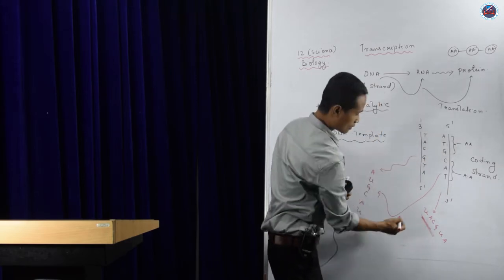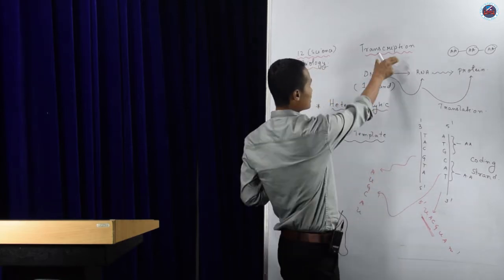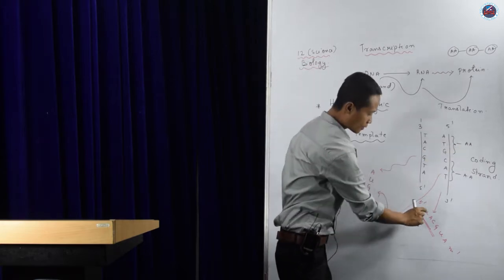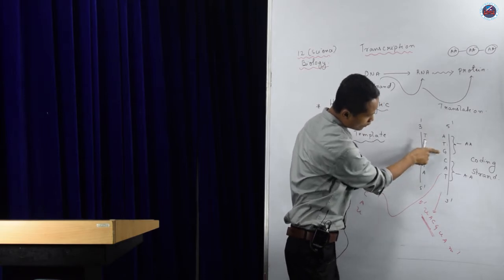Assume that this is your mRNA, the RNA synthesized in the process of transcription. If you use this strand, then you get this UAC. So it is different. All the sequences are different.